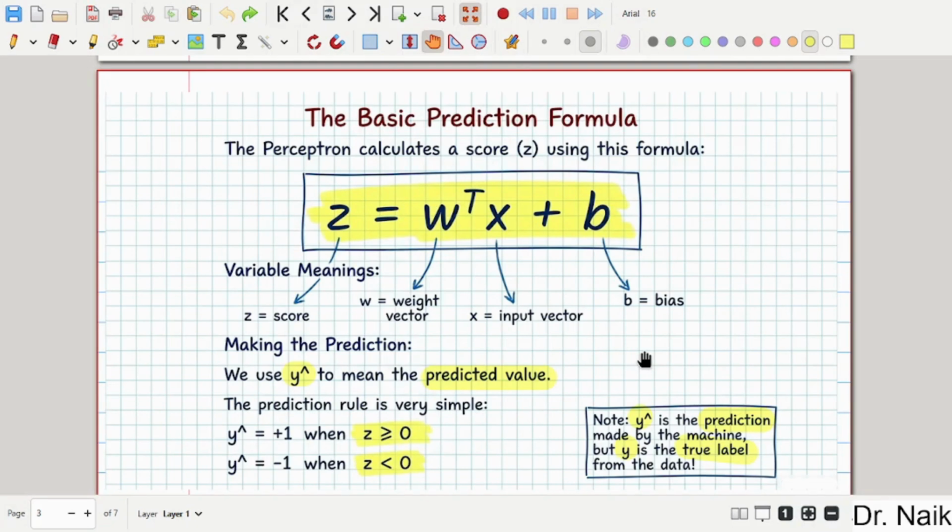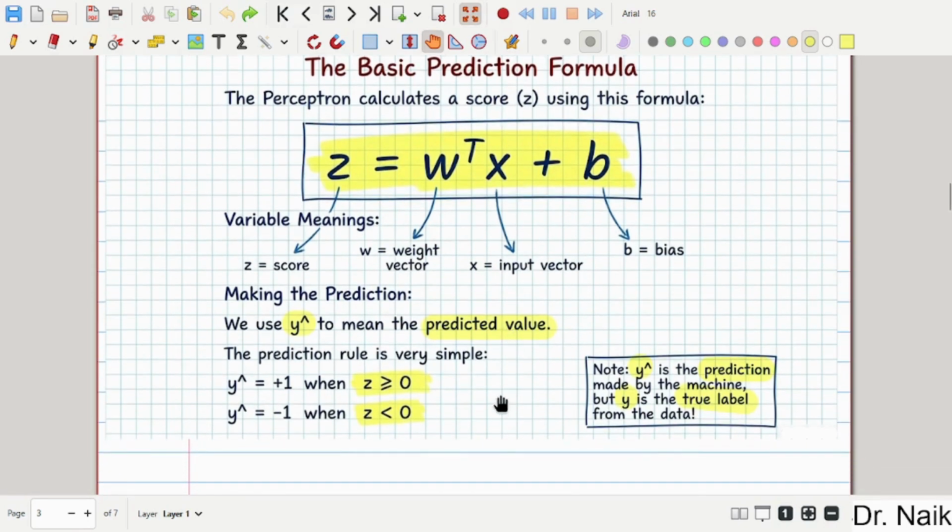We use y hat to mean the predicted value, and the prediction rule is very simple. y hat is equal to plus 1 when z is greater than or equal to 0, and y hat is equal to minus 1 when z is less than 0.